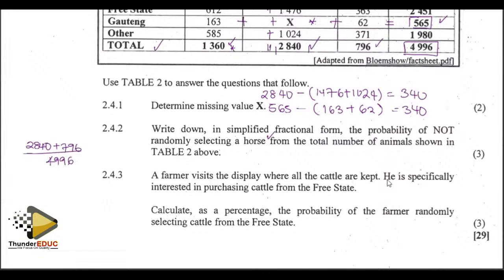All right, that's what was supposed to be the answer. They said probability in simplified fractional form. So all you do, 2,840 plus 796, divided by 4,696. So here the answer became, okay, wait.